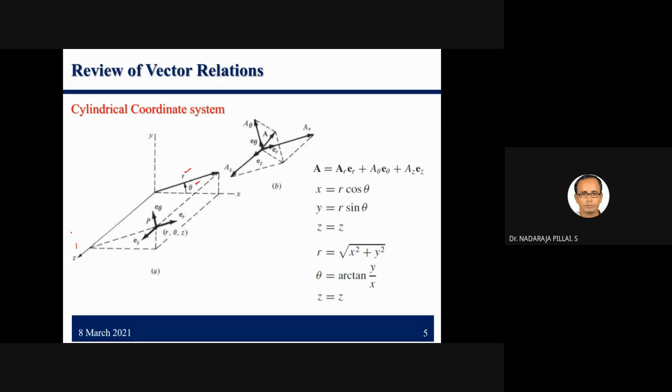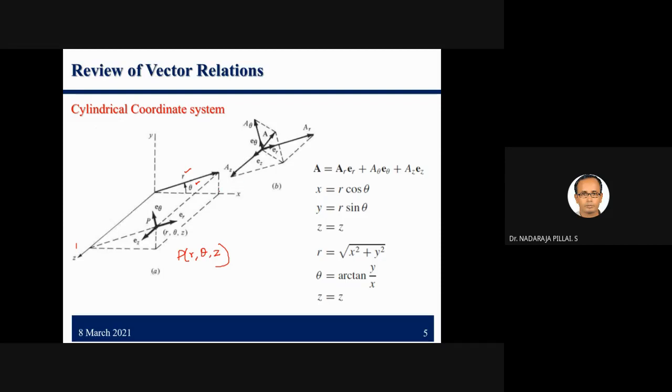So let us consider this theta, then consider P as a point which is represented by r comma theta comma z, and theta is the angle made from the x-axis to the y-axis in the xy plane.